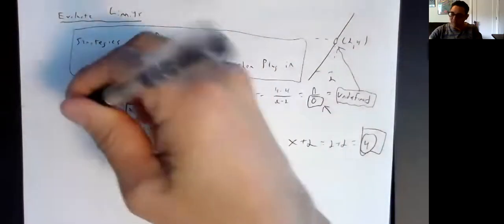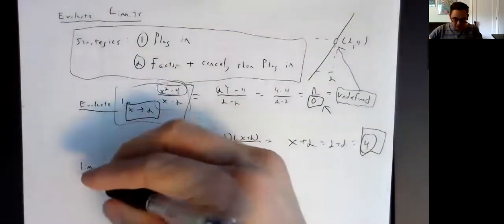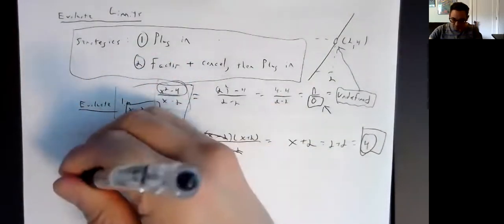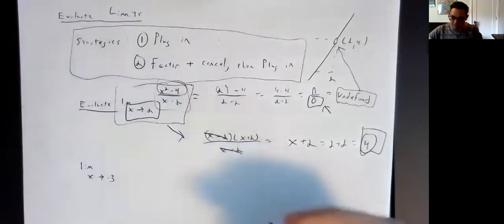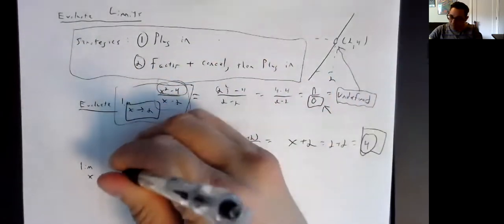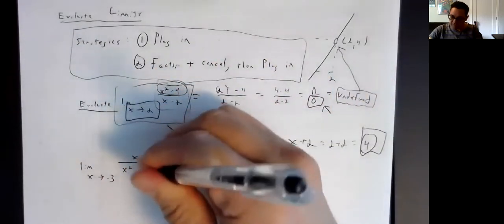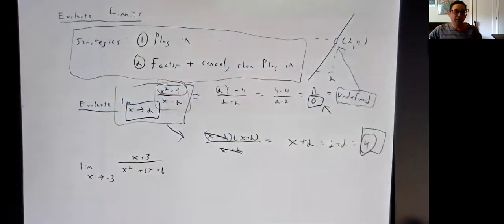All the directions are evaluate. So let's evaluate the limit as x goes to -3 of x plus 3 all over x squared plus 5x plus 6. Now, we would try to plug this in.